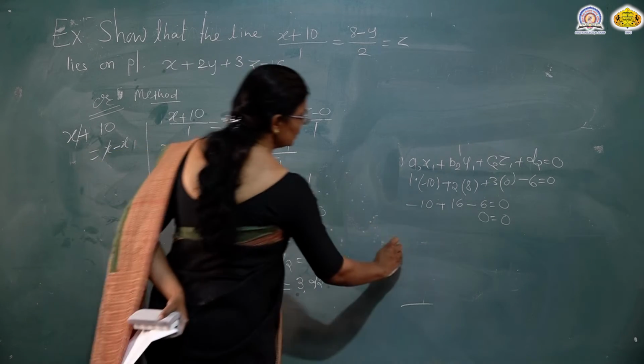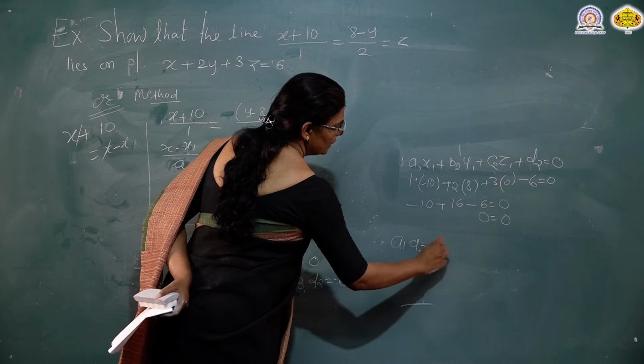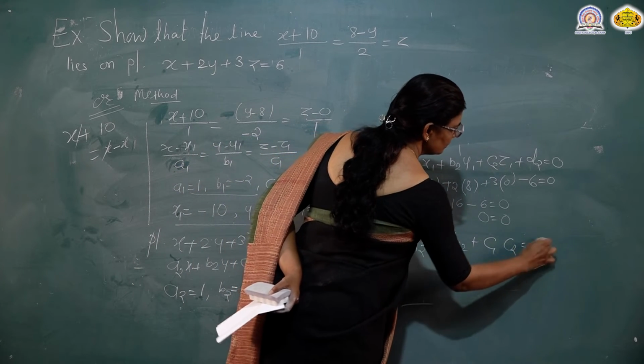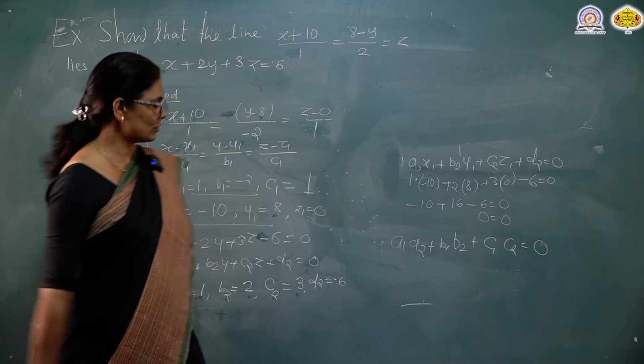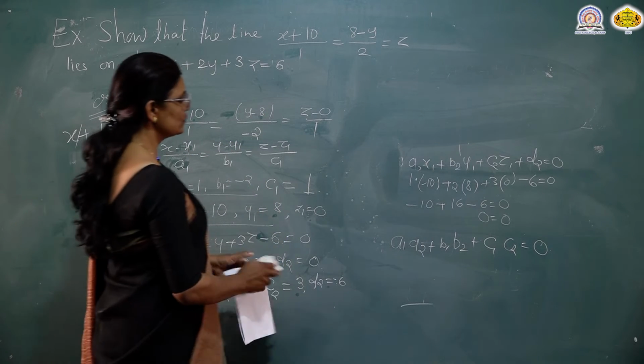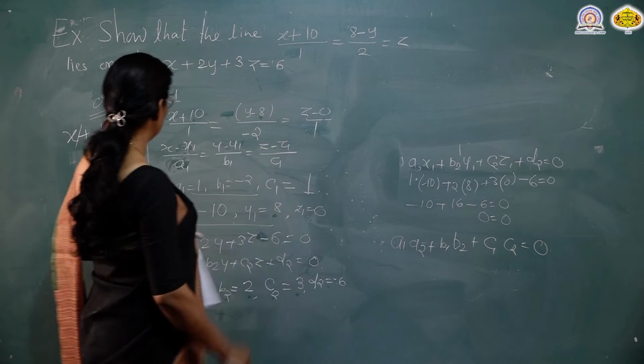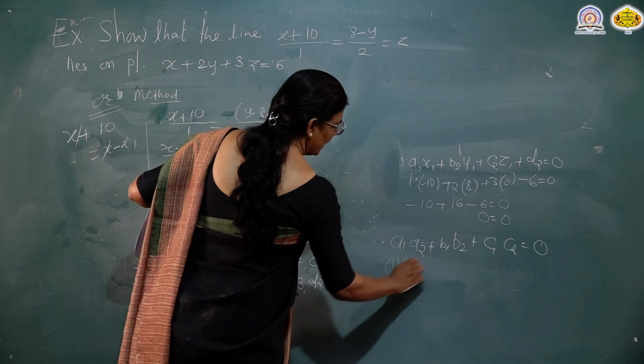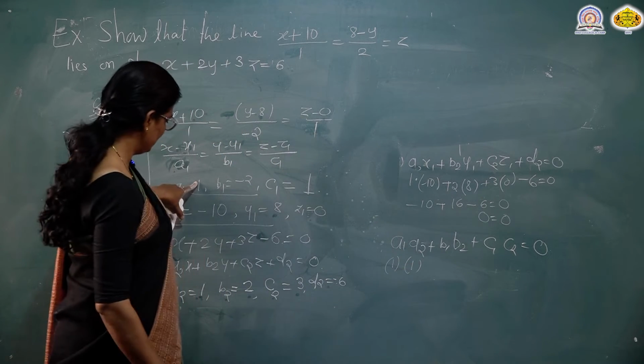What is our second condition? a1 a2 plus b1 b2 plus c1 c2 should be 0. So we check whether it is 0 or not. Put the values of these constants. a1 is 1 and a2 is also 1.